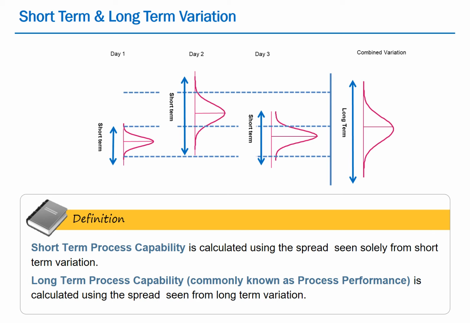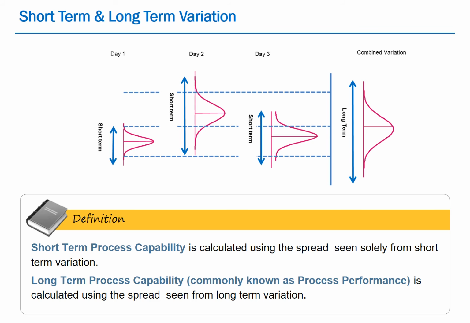Short-term variation relates to variation that happens in the short term, for example, within the period of one day or one shift. We must be careful when using short-term data because it doesn't reflect all of the variation that exists within a process as process shifts and drifts over time. And you can see that in the diagram here. In this illustration, we can see how a process may change slightly from one time period to the next.